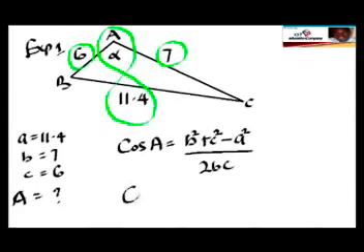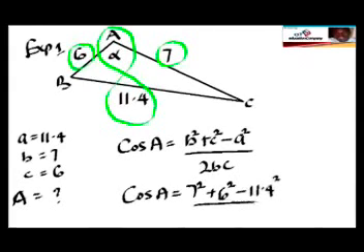So cos A is equal to 7 square plus 6 square minus 11.4 square, all over 2 times 7 times 6, that's 2bc.